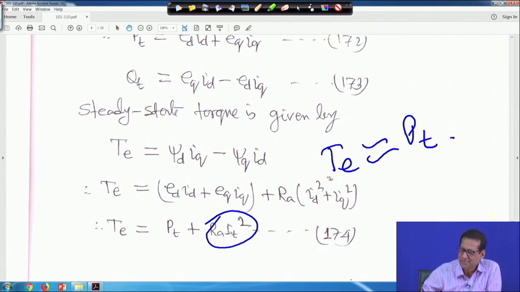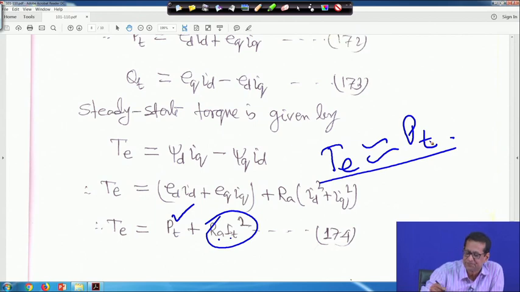In many cases in our analysis we assume that per unit torque is equal to per unit power, because this term is very small compared to Pt. Therefore, torque is approximately equal to power in per unit.